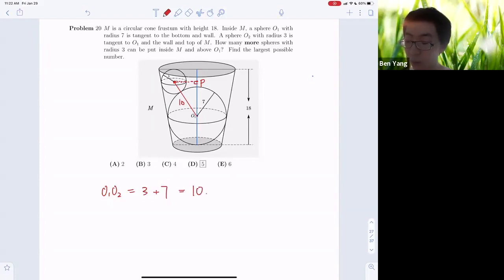All right, so I want to find the length of O2P. We know O1O2 is 10, so we only need to know the length of PO1.